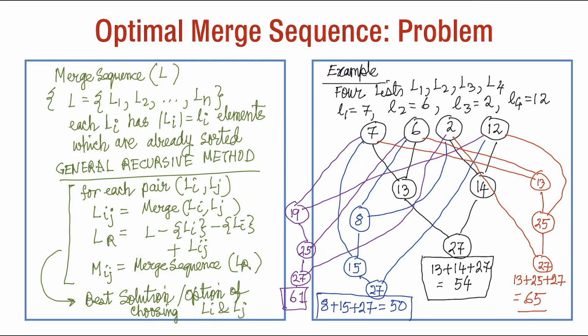Now, how do we choose Li and Lj, or do we have to look at all the options and get the result? So here is where comes our problem and our approach to solving the problem.